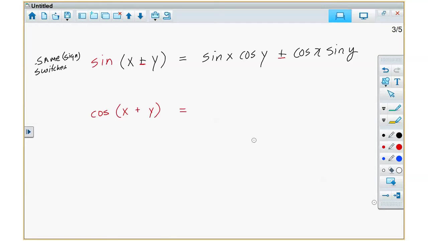So that means that your whole thing over here is going to be the opposite of this, so that's going to be a minus. And then it's going to be cosine of x, cosine of y, times what? Sine of x, sine of y. So that's a little way to remember that identity.